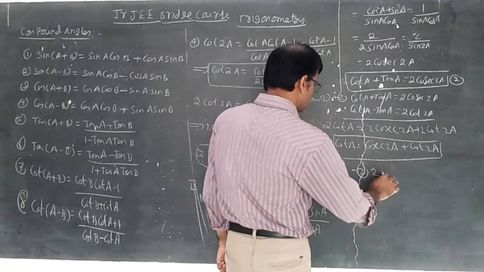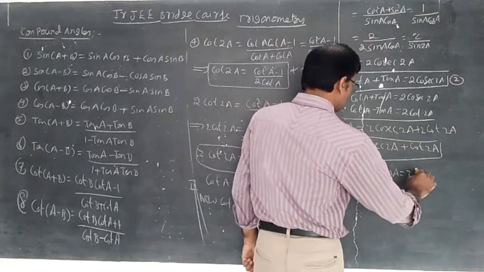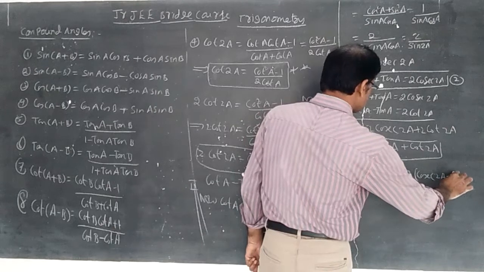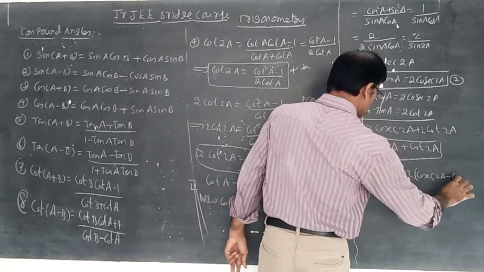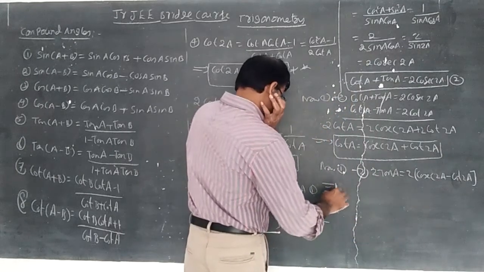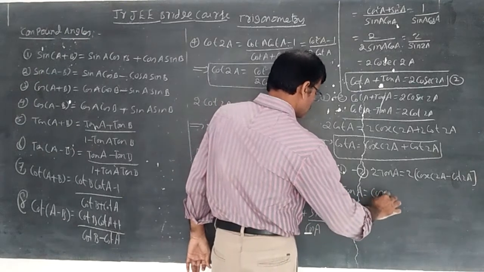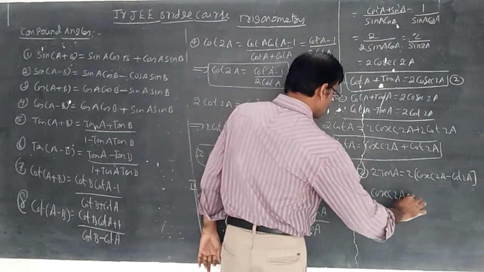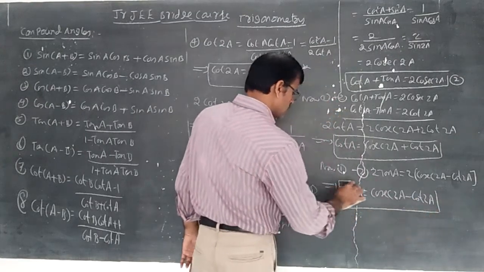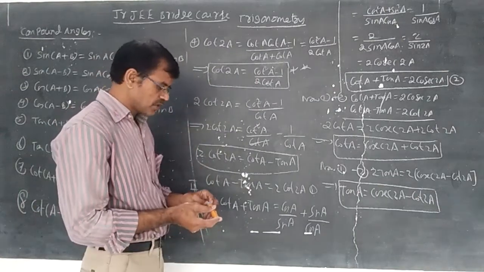So 2 tan a is equal to 2 into cosec 2a minus cot 2a, that implies tan a is equal to cosec 2a minus cot 2a.